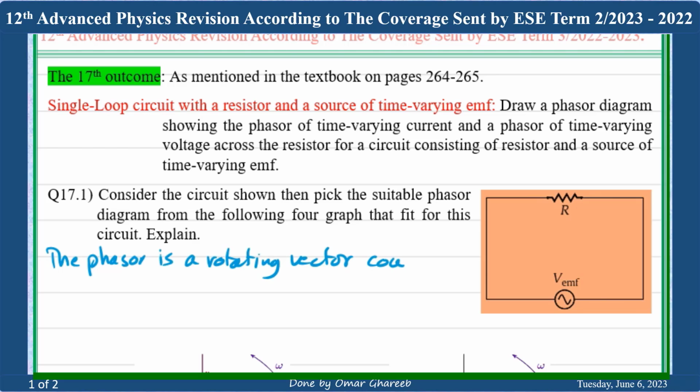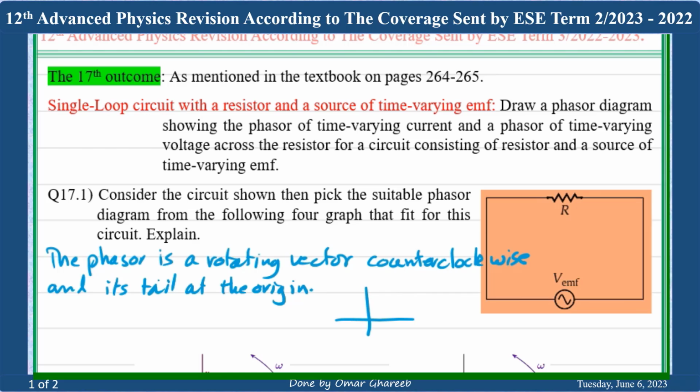It should be counterclockwise. If you draw it clockwise, it is wrong. Counterclockwise, and it begins at the origin, or its tail is located at the origin. So you can draw the phasor like this.